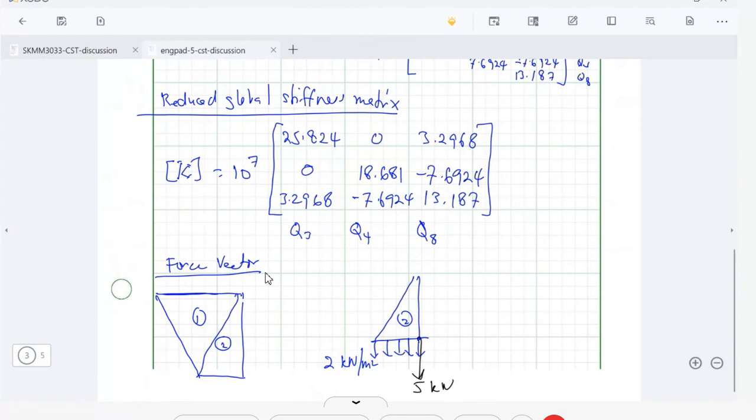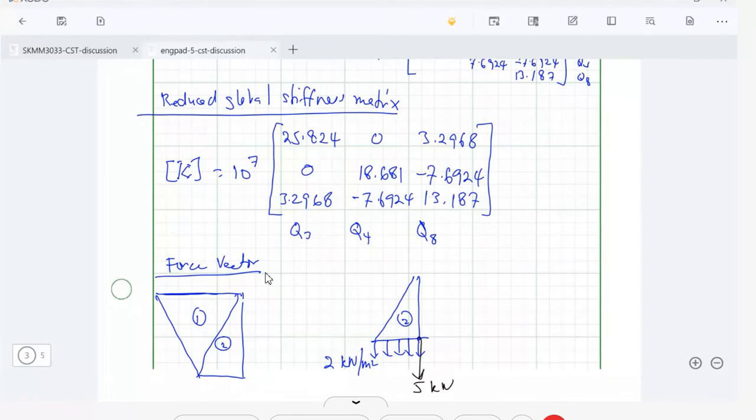Can we find the force vector here? Okay, so let's see how we do this. I think in the formula sheet, there is a formula for uniform loading. Let's see.